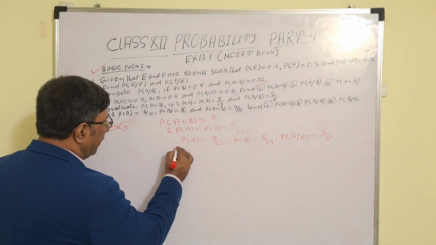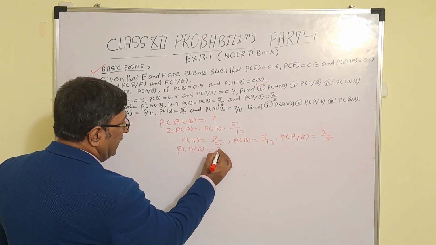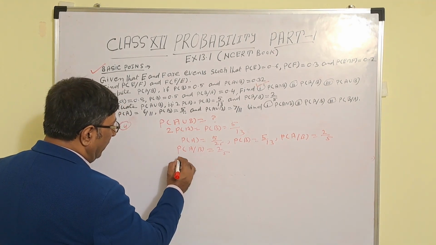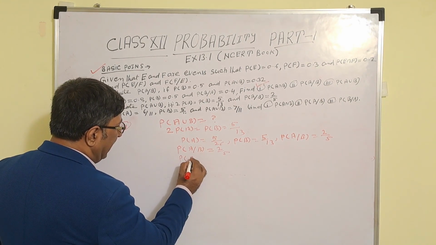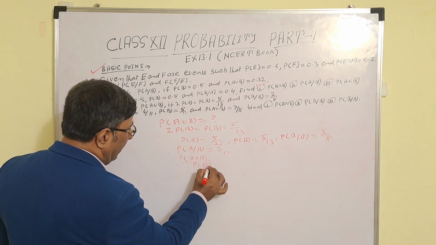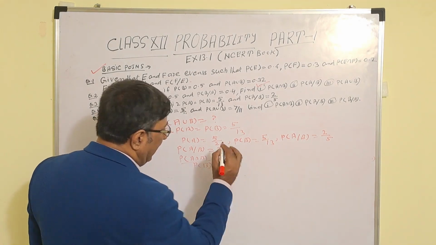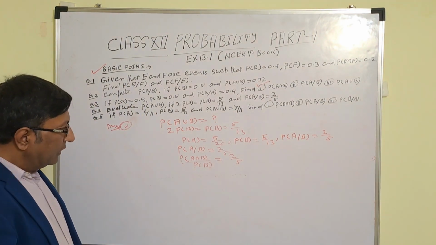So we know probability of A given B is 2 by 5. And probability of A given B can be written as probability of A intersection B divided by probability of B, and this equals 2 by 5. Right?